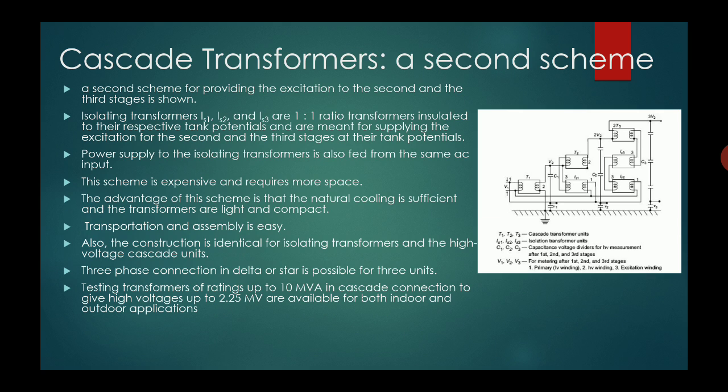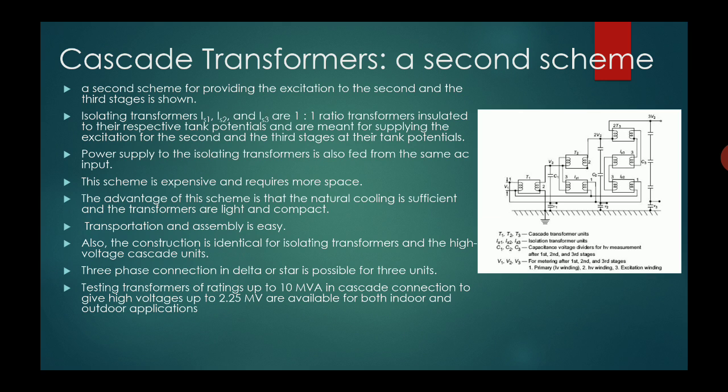What are isolating transformers? Isolating transformers supply power from one end to the other without any electrical connection. Remember, a transformer supplies power from one end to the other using electromagnetic induction, but there is no direct electrical connection between the primary and the secondary.